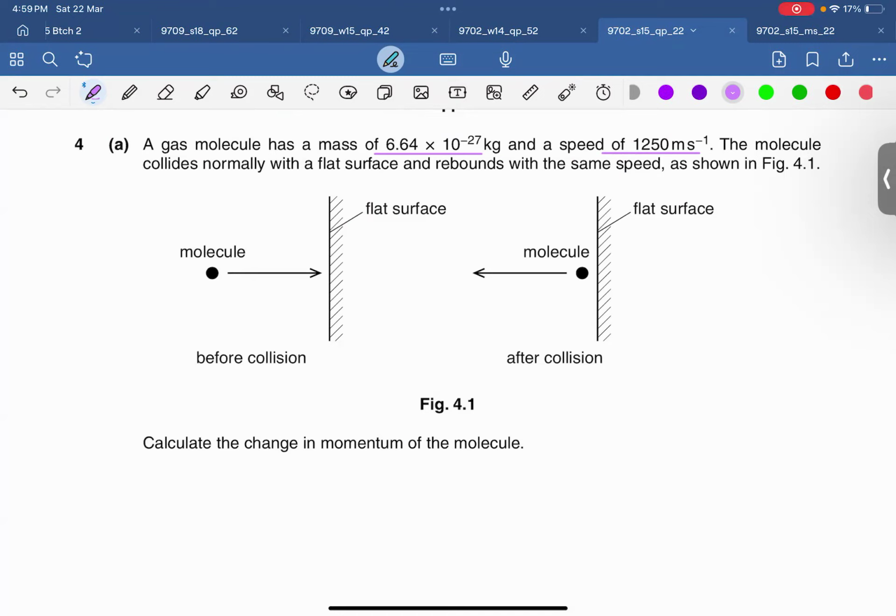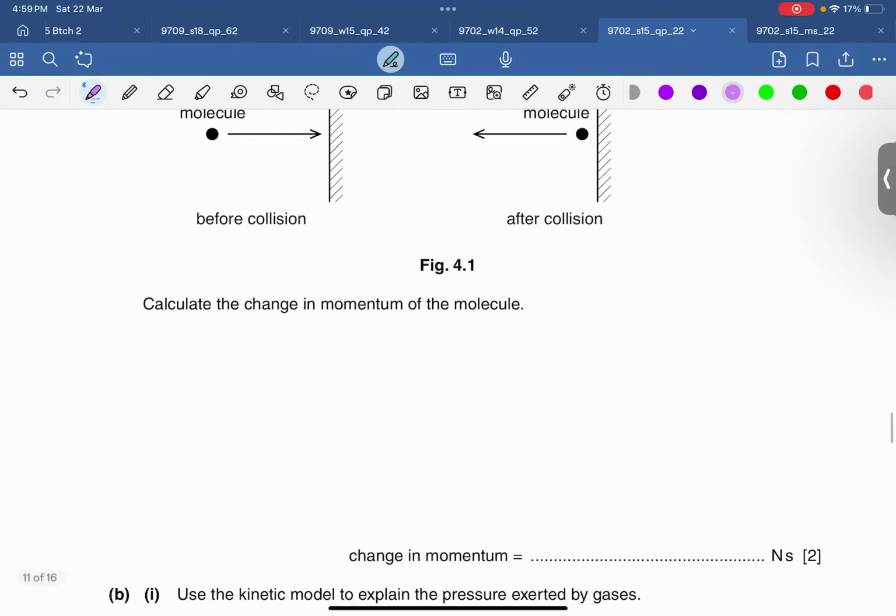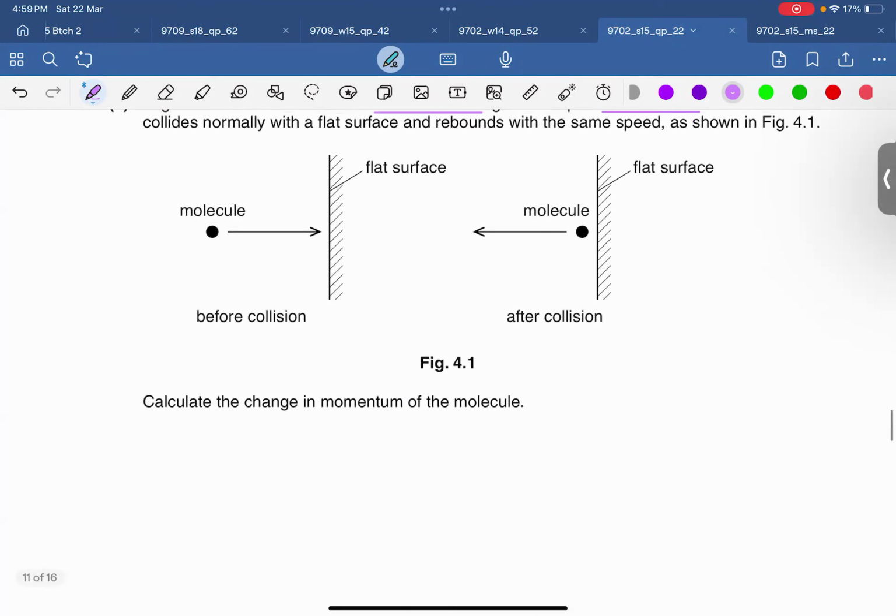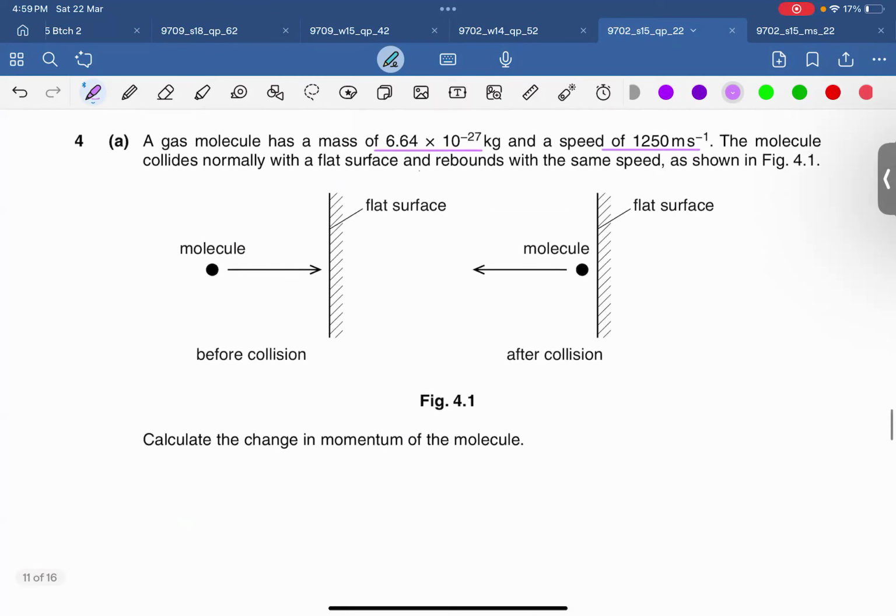So mass is given, okay and fine. They're saying calculate the change in momentum. They're saying rebound. Okay, for rebound you have to make sure that the initial velocity and the final velocity just change the direction. So change in momentum is equal to mv minus mu.